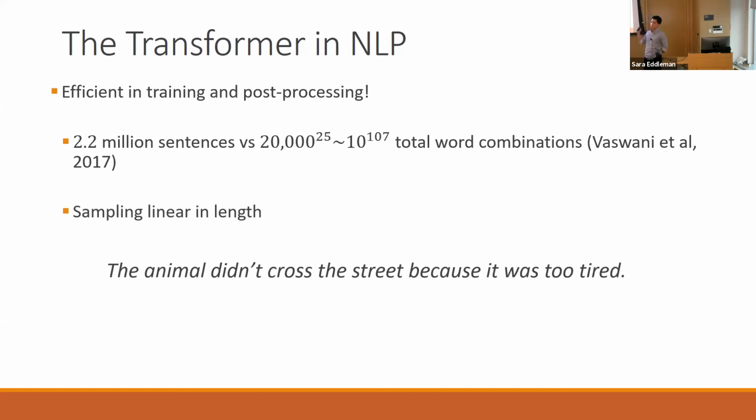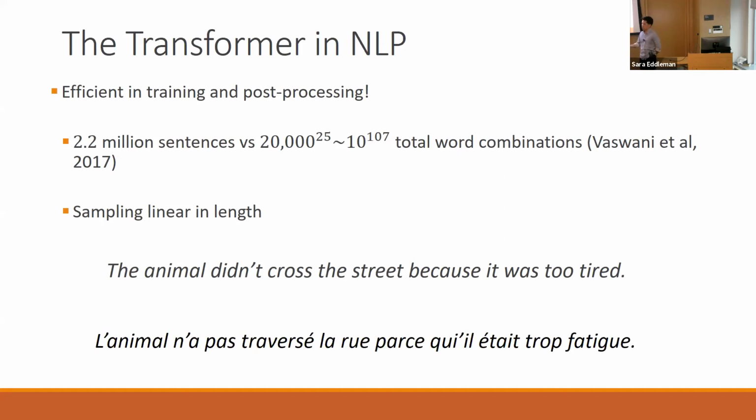And so suppose we wanted to translate the sentence, the animal didn't cross the street because it was too tired. The way the transformer would go about this is it would look at the sentence, then given this English sentence, it would start translating to, say, French. And it would do this by generating the first word, which I will not attempt to pronounce because I don't speak French. And so given the English sentence and the first French word, it will then generate the second word, and then the third word, and then the fourth word, and so on and so forth.